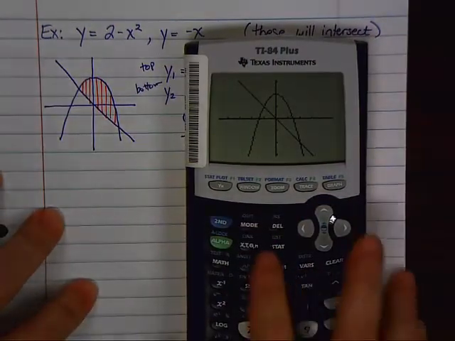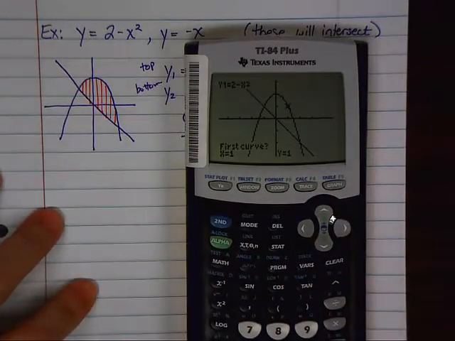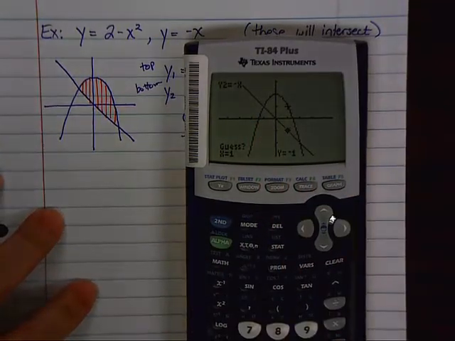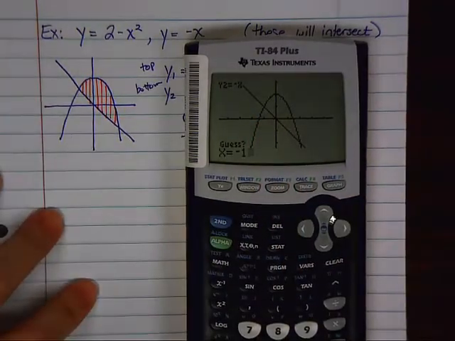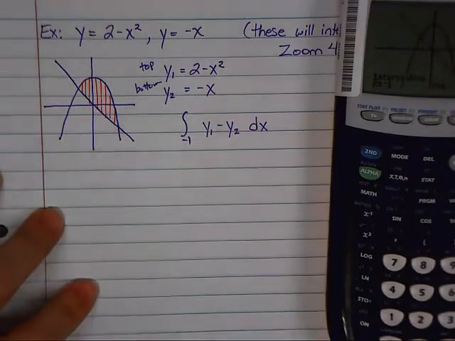Okay? So, a trick you may not know about the intersect. Everybody, 83s and 84s, do the same thing. Push second, trace, intersect. You learned this long ago in Algebra 1. First curve, just push enter. Second curve, just push enter. You do not have to scroll to the guess. Type in what you think it is. I think it's -1. Push enter. Yep, it's -1. So now I can write -1 on the bottom of my integral.